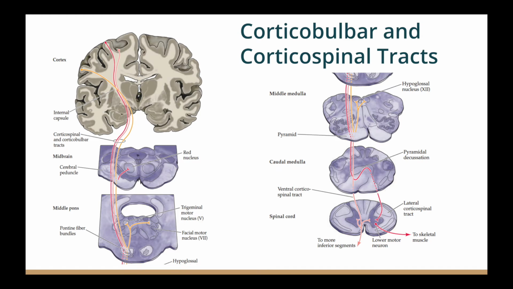On the top left, we have a cross-section of the motor cortex, and underneath we have cross-sections of the brainstem, which will include the midbrain, the pons, and the medulla. And after the medulla, we have a cross-section of the spinal cord.